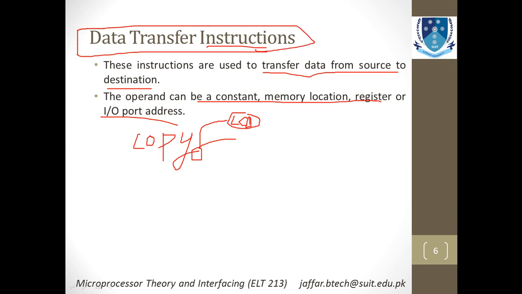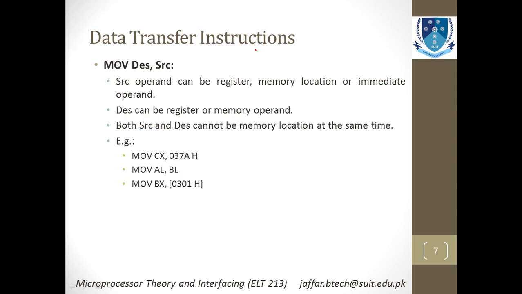The instruction normally consists of a MOV, and you have to specify the destination and the source. If you apply this instruction, the data in the source will be moved to the destination.